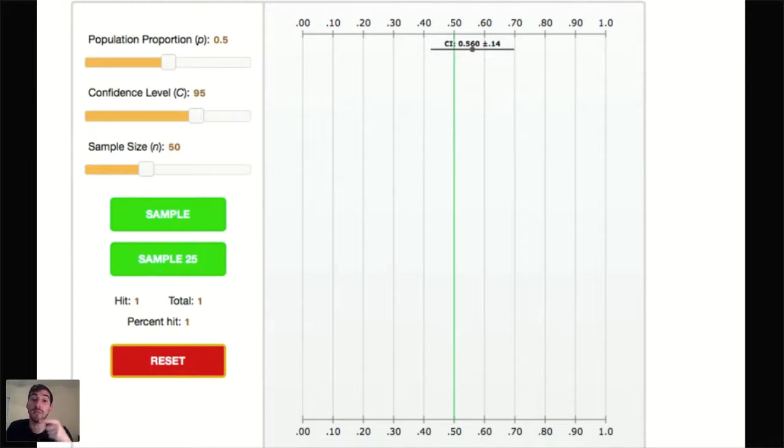You're right. Based on this confidence interval, we would be 95% sure that the interval from 0.42 all the way up to 0.7 would contain the true population proportion of people who said yes. And in fact, we can see that it does. 0.5 is in that interval. We're going into this simulation knowing that the answer is 0.5. Obviously, when you're doing this for real, you don't know if the answer is 0.5 or not. So you're just hoping that the answer is somewhere in there.